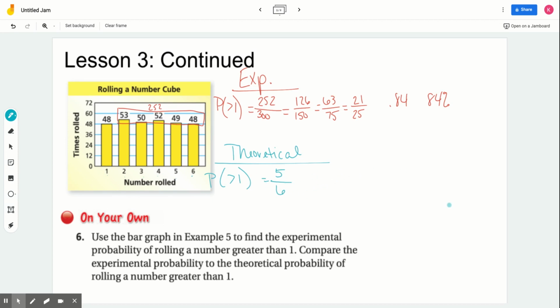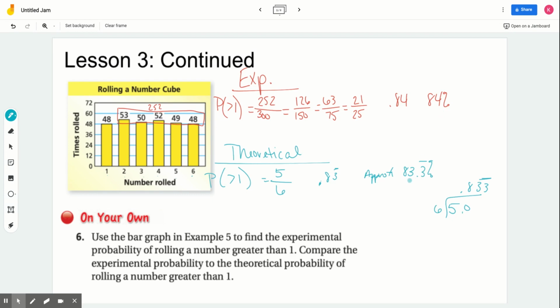We can do that by dividing. So 5 divided by 6. When we do this and you work it out, you're going to get 0.83 repeating, which would be approximately 83.3%.